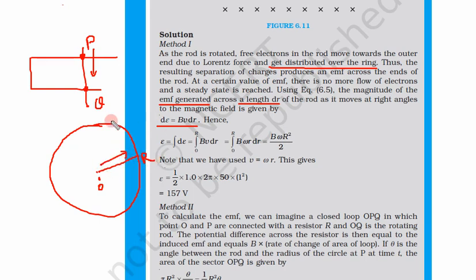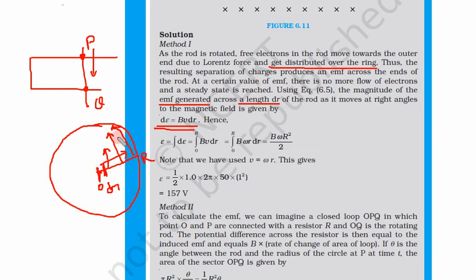Let us take the charge moving a very small length, which is equal to dr. So d epsilon is equal to B v dr. But the problem right now is that since this rod is rotating, the velocity here is high, the velocity here is low, somewhere in between, and at the center the velocity is 0 because no particle is moving.